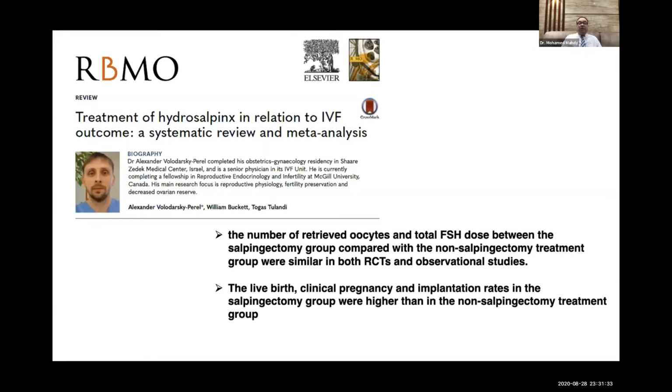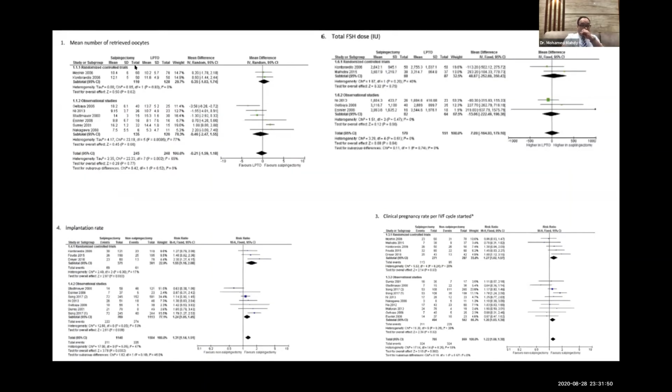Also, live birth rate, clinical pregnancy rate and implantation rate in the salpingectomy group were higher than in the non-salpingectomy group. So this recent meta-analysis showed that there is no harmful effect of salpingectomy on the outcome of ICSI. This chart shows there is no effect on the number of retrieved oocytes.